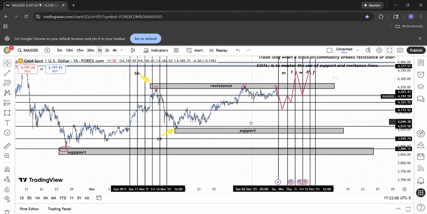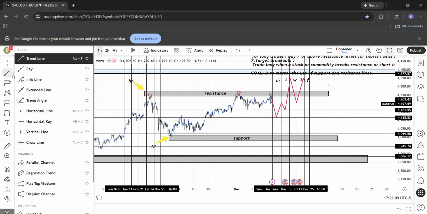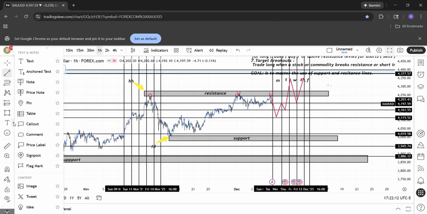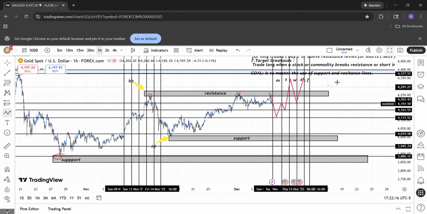Like, how do I explain this? Think about it like a water jug, right? If it has a hole, it's just going to keep leaking. Think about it like that in the market. So let's say it goes up, goes down, whatever, hits this.